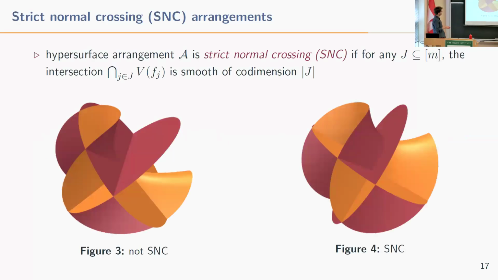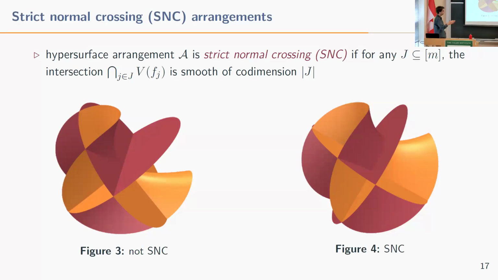So on the left-hand side, we see an arrangement that is not SNC. And why is this? Well, you take these 2 hyperplanes here, they intersect in this line, and now this line is tangent to this hypersurface. And this tangency violates the smoothness. But if you perturb this hypersurface here a little bit, then you do get an SNC arrangement on the right-hand side.